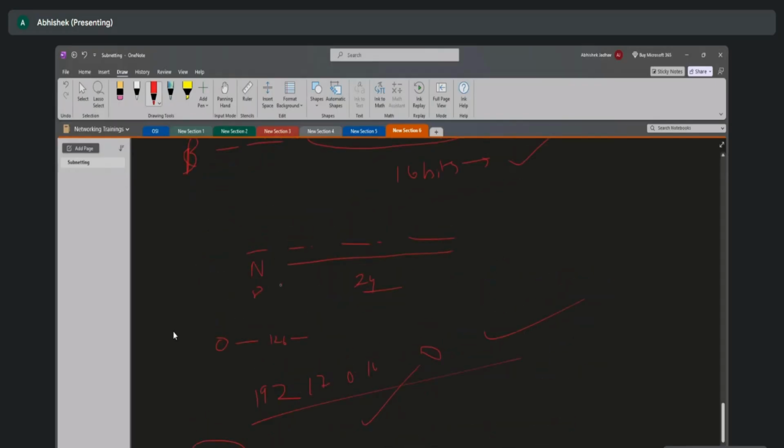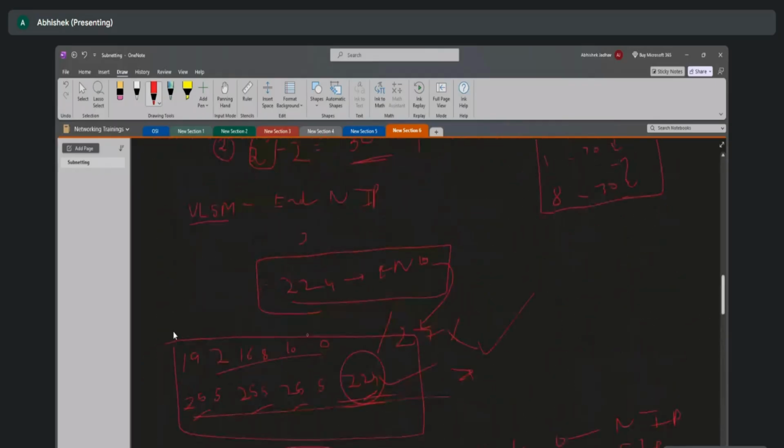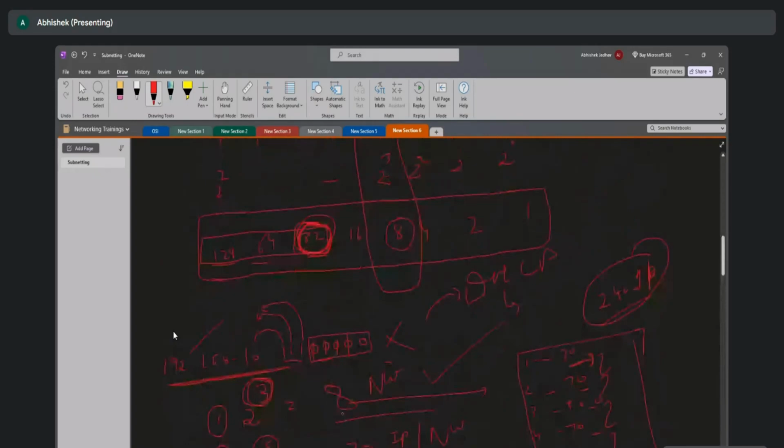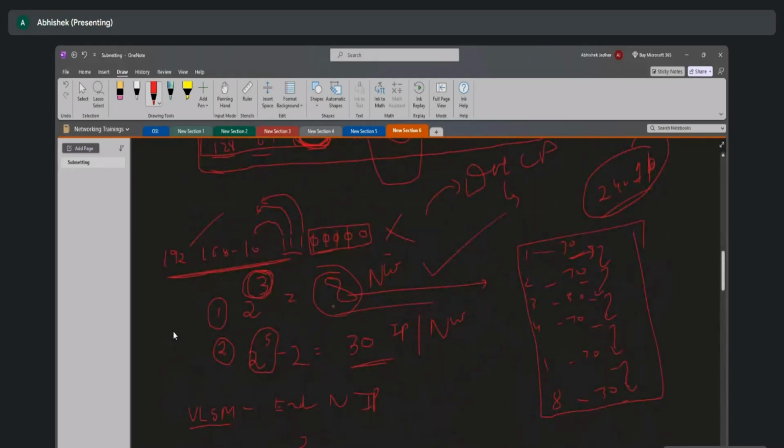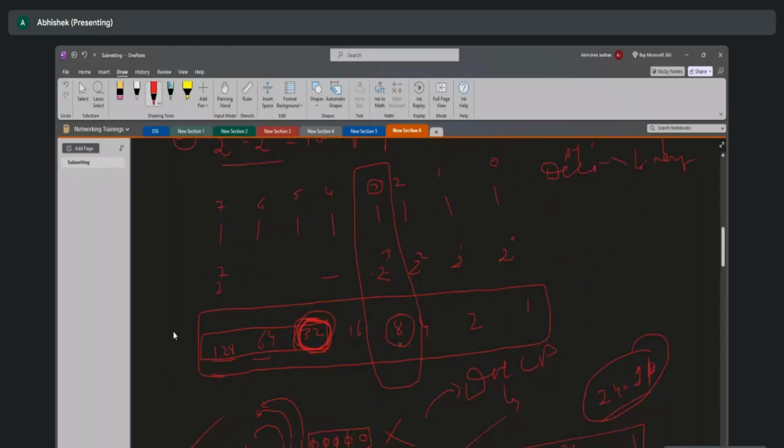Yesterday, we took a very simple example where it didn't have such an issue. We asked for 8 subnets, and from our calculation, we saw that 8 falls here. So directly we took 2 to the power of 3, only 3 network bits are to be taken, as I told you. So it was pretty simple.